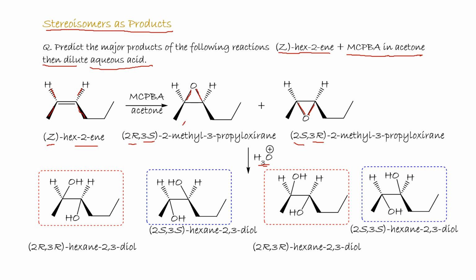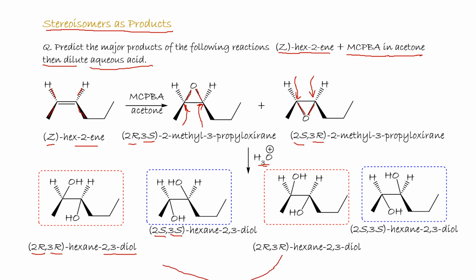In this case, the OH will come from down to this carbon or to that one. Again here, up on that one to form 2R,3R-hexane-2,3-diol or 2S,3S, and the 2S,3R will form the same.